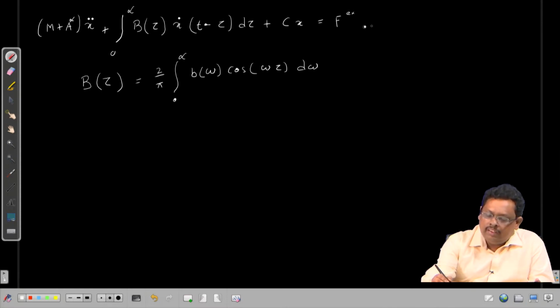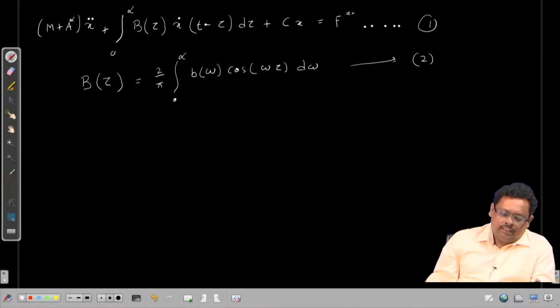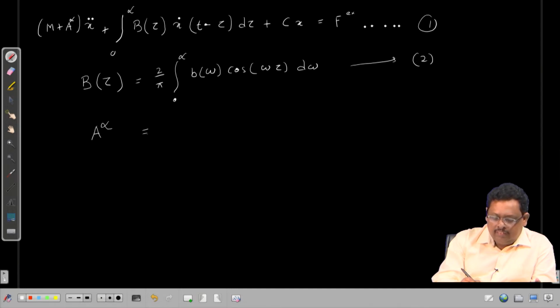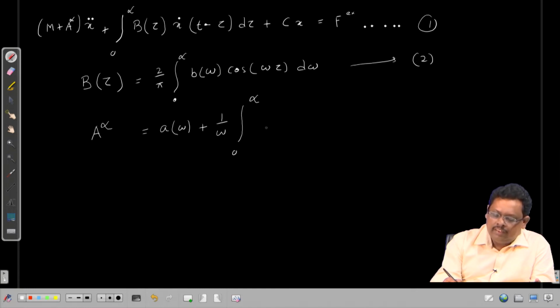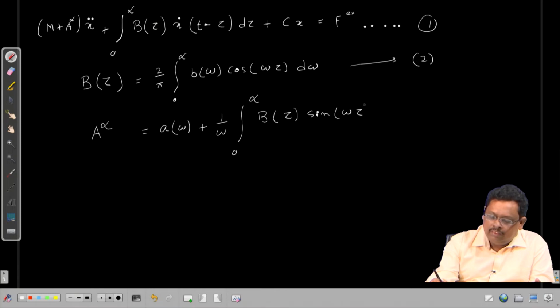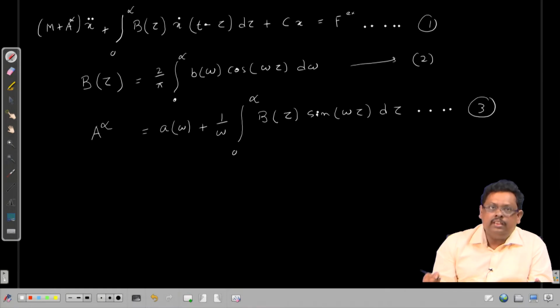Let me call this equation 1 and this equation 2. Also, a infinity I can get from a(omega) plus 1 upon omega times the integral from 0 to infinity of b(tau) sin(omega tau) d tau. You can call this equation 3.